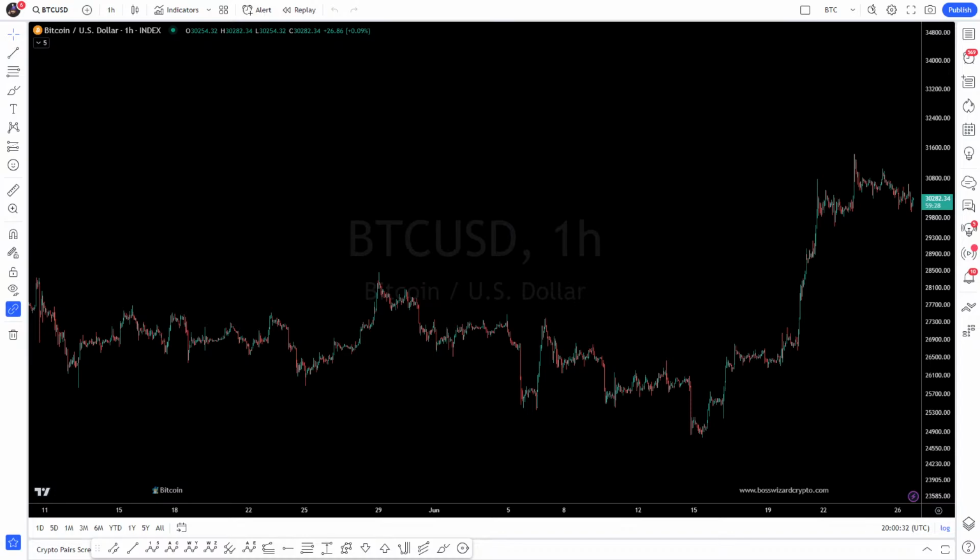Triangle, B wave. Let me circle the degrees here. So this would be your A, this would be your B, and then, too small to see because it happened so fast, an impulse for your C. Now you have a 3, 3, 5 expanded flat.